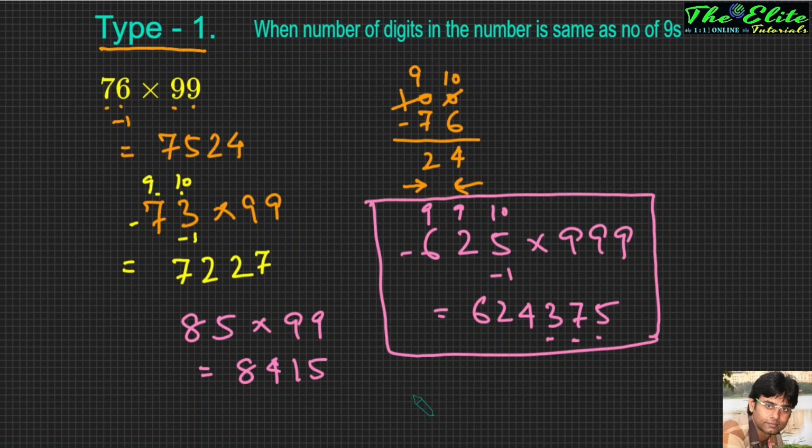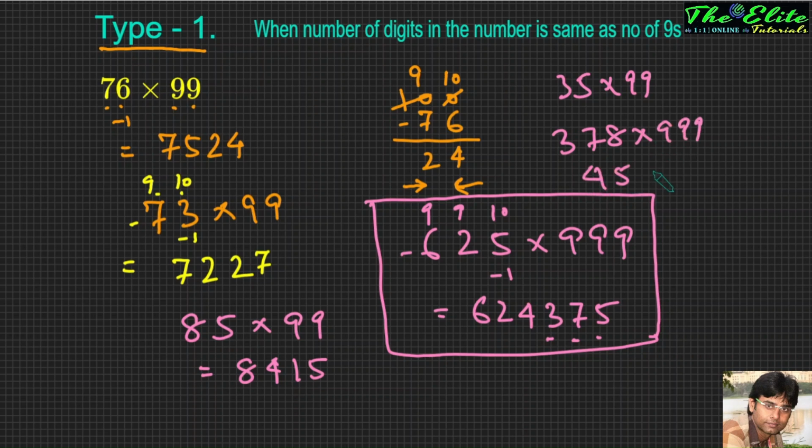I'm sure that you have learned this method very easily, and once you practice on 10 to 20 questions, you can make your own questions. You can write any 2-digit number and multiply by the same number of nines, or any 3-digit number with 3 nines.